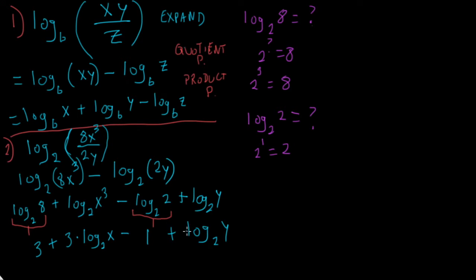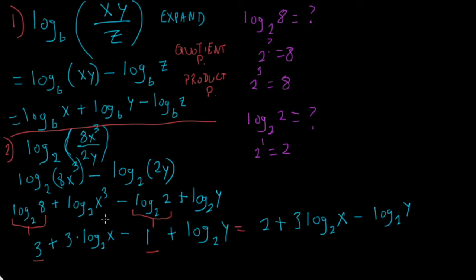And then we can combine like terms here. So this can combine to become 2 because 3 minus 1 is 2. So that means our final answer will be 2 plus 3 log 2 of x plus log 2 of y.